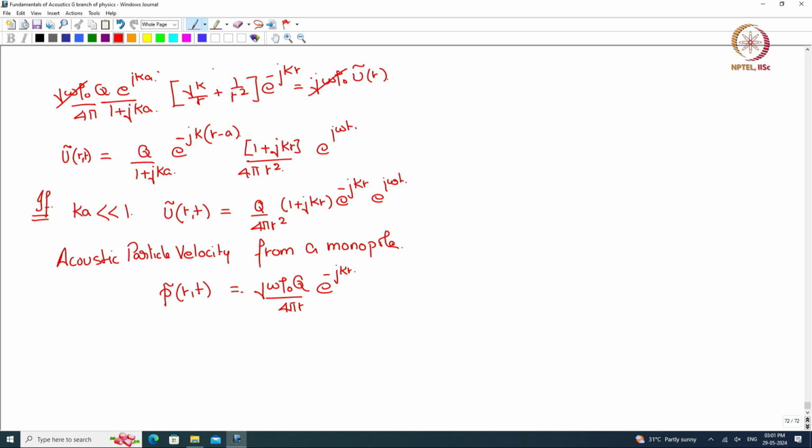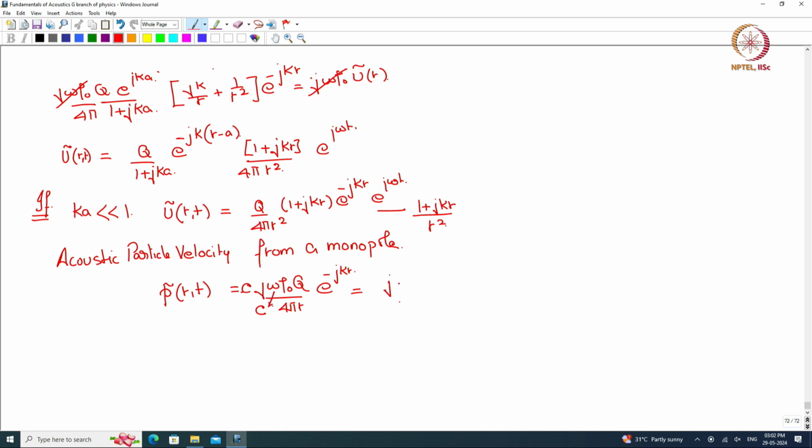Okay. So now we have here one term, everything remaining same, which is 1 plus j k r by r square. I will divide by c and multiply by c, and this omega by c I will take as k.